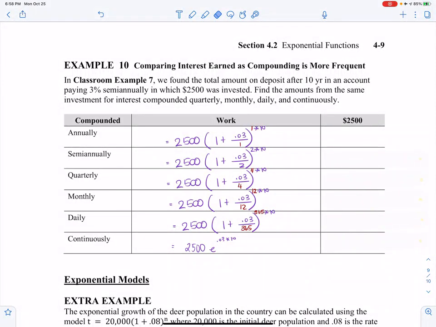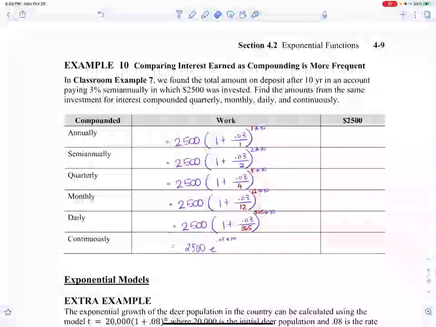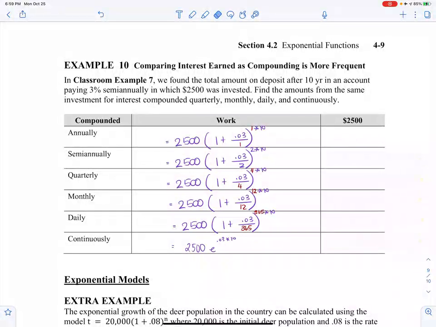Now, back in example 7, I'd like for you to pause the video and let's go back really quickly and look at example number 7. We found the total amount of deposit after 10 years in our account, where we were paid 3% semi-annually, on the $2,500 that we were investing. We're asked to not just look at the semi-annual compounding, but to look at the other types of compounding as well.